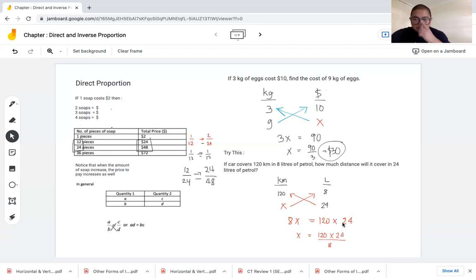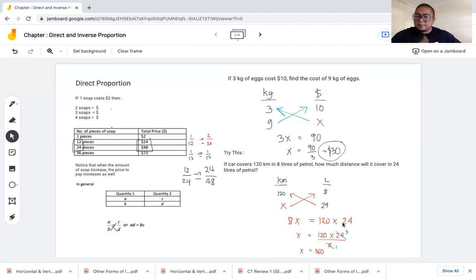I know that these two numbers, 24 and 8, can be canceled, and both can be divided by 8. So this is going to be 1, and this is going to be 3. And if I multiply this value 120 to 3, automatically I will arrive with an answer of 360.